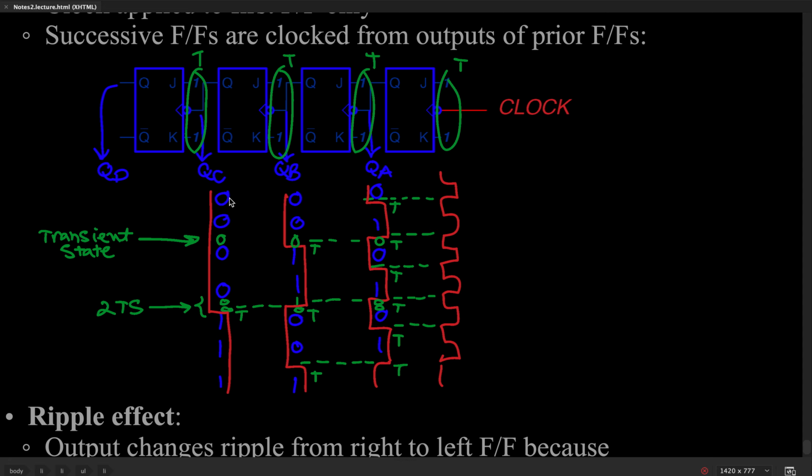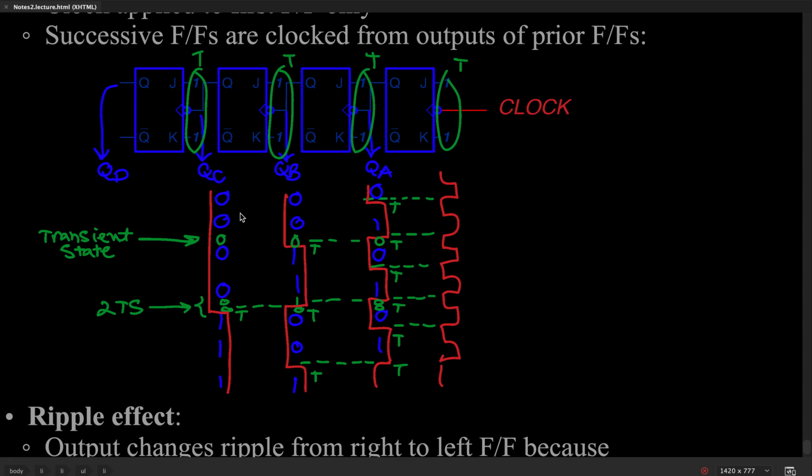Consider the numbers that this counter generates: 0, 1, 2, 3, 4, 5, and 6. Those are the first six numbers of the counter. However, because there are some delays, there are some differences in time between the change of one flip-flop to another.